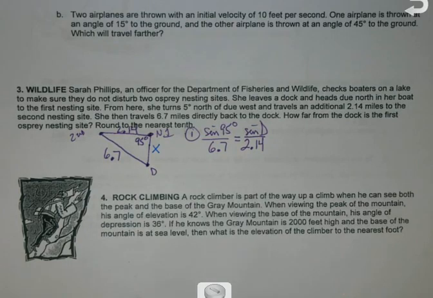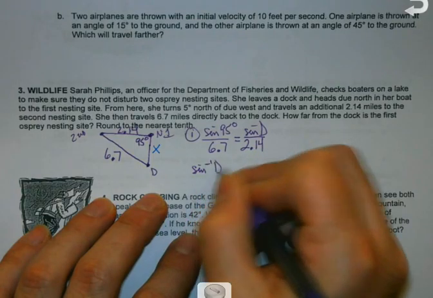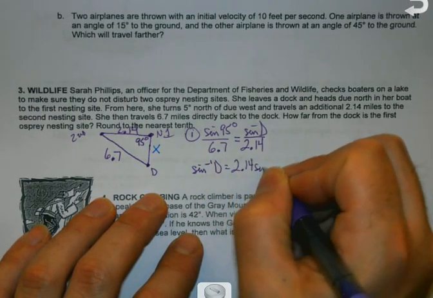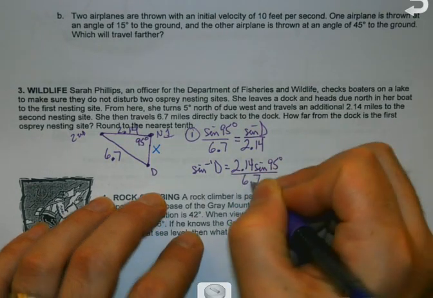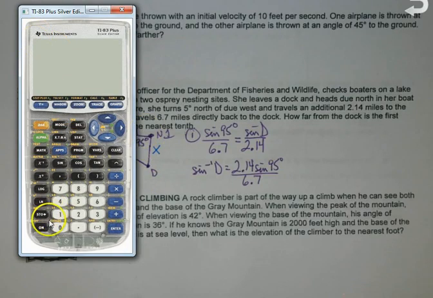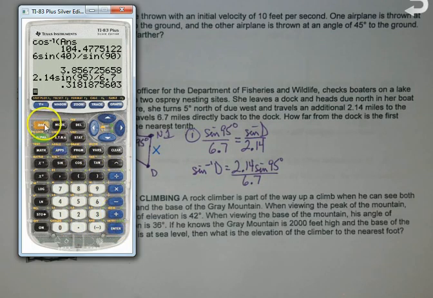So I get that set and I go, all right, cross multiply my other side. Divide by the 6.7. So I start to work through this. And I'm like, all right, 2.14 sine of 95 divided by 6.7. Oh yeah, this is an angle. So I got to do inverse sine.